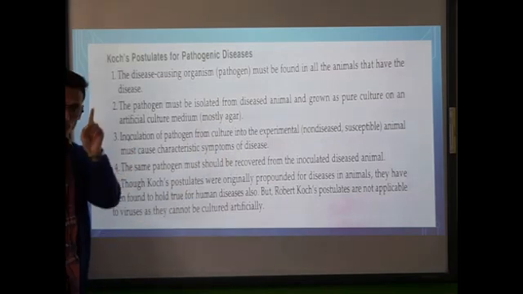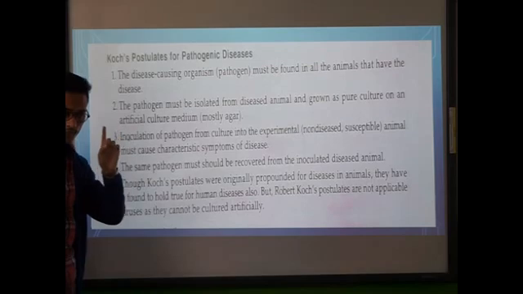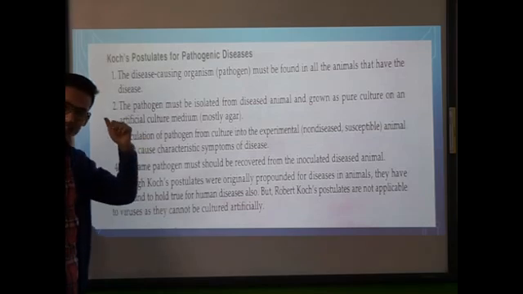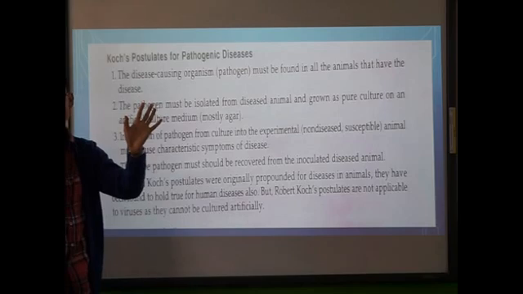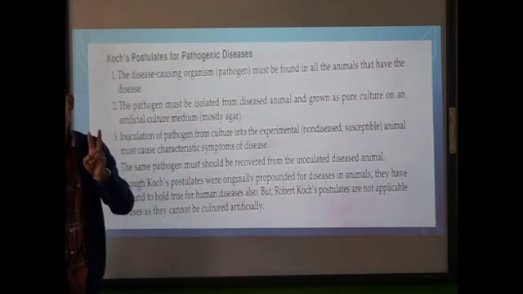Are you getting it? First, any animal suffering from a disease must contain a pathogen. Number 2, we isolate that pathogen from the diseased animal and grow it in an artificial culture medium.